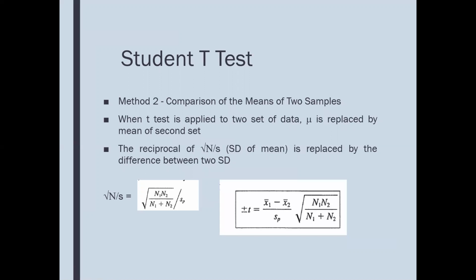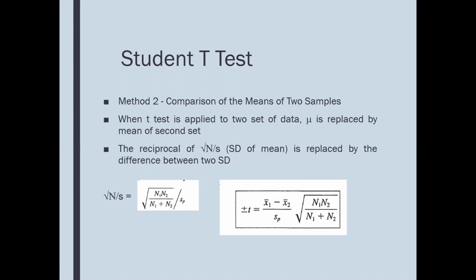That is, when we have two sets, now it will be x1 bar and x2 bar as the mean of the two data sets. The square root of n upon s that we had used in calculation of t is now replaced by the difference between the two means.